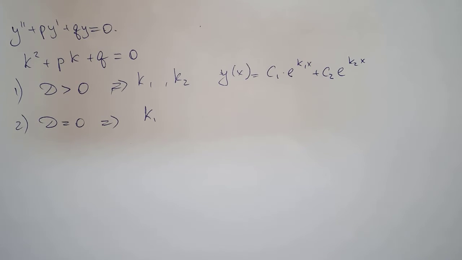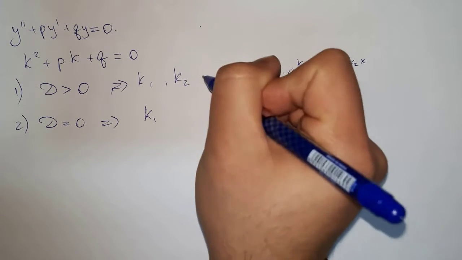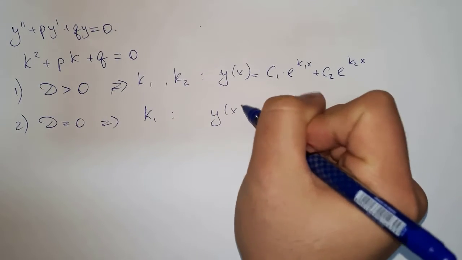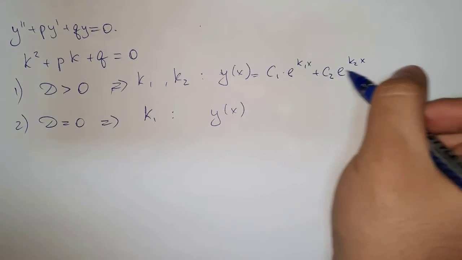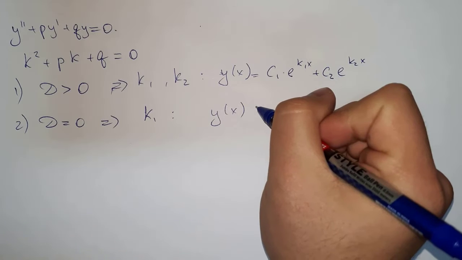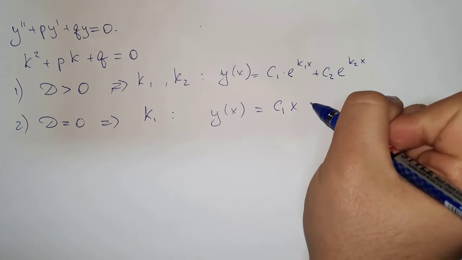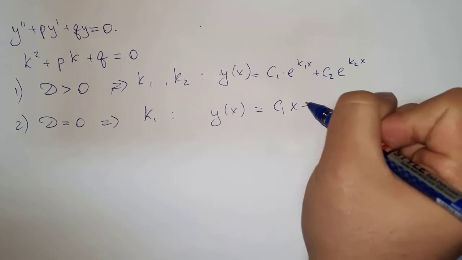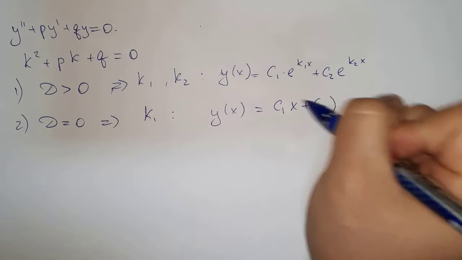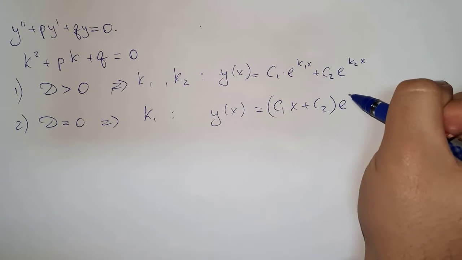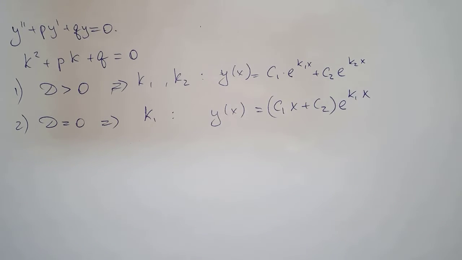This is a repeated root, k1. And the general solution of the differential equation has the next form: y of x is, now we have the same k, so it will be c1x plus c2 times e to the power of k1x. And k1 is the repeated root of our quadratic equation.